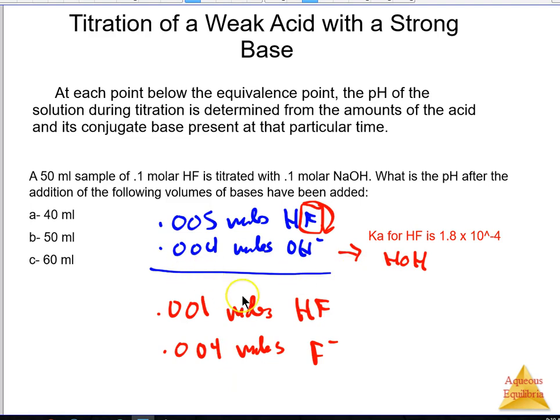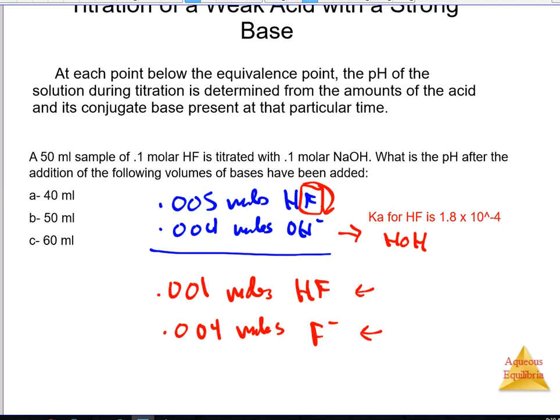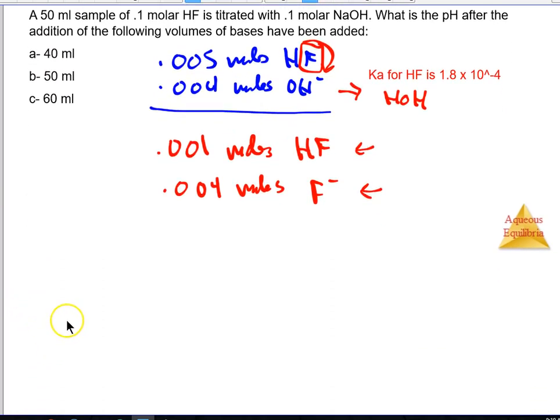All right. So now, if I have a weak acid and a conjugate base, I know that I have a buffer. And I was comfortable last week using the Ka and Henderson-Hasselbalch to find the pH.